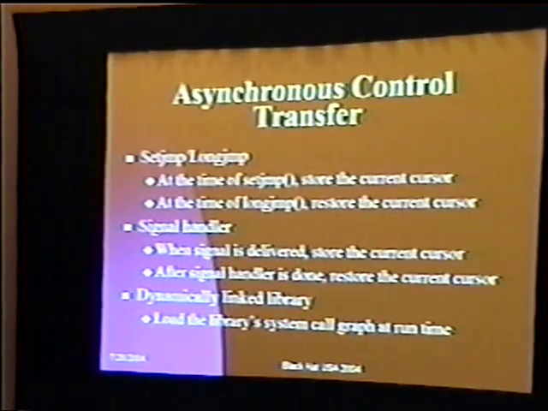We can keep track of the current cursor of this system call control flow graph at the time of setjmp. And when you do a longjmp, I put the cursor back to the place that we recorded. So we can resynchronize the runtime behavior of the application with the system call graph that we are checking with, right?